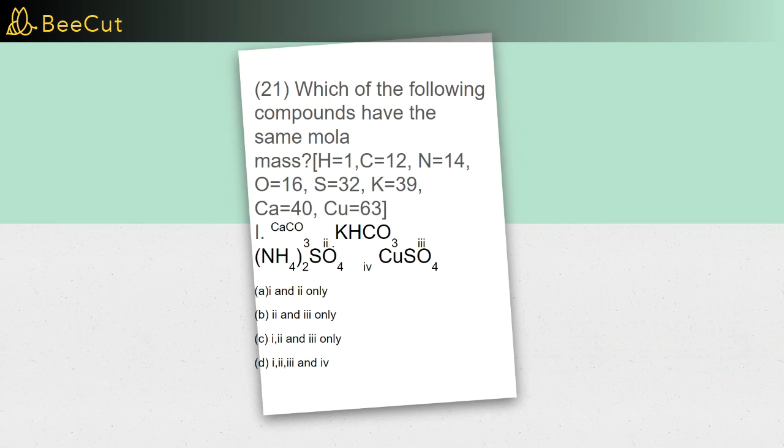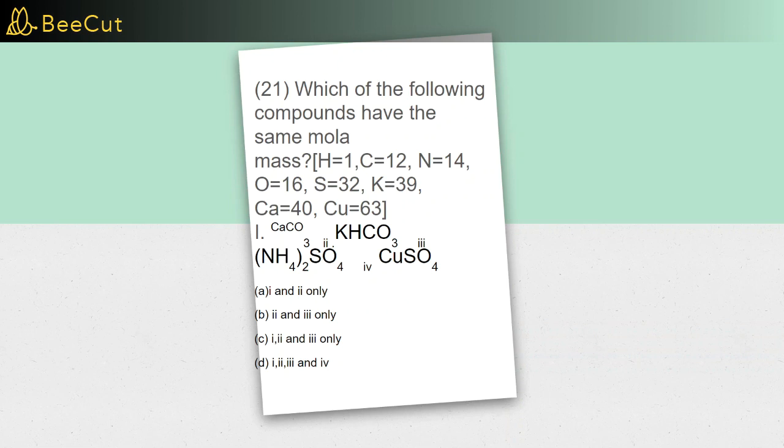Which of the following compounds have the same molar mass? We have CaCO3. To calculate this molar mass, it will be calcium 40 plus carbon, which is 12, plus O3, oxygen, which is 16 multiplied by 3. The total will be 40 plus 12 plus 48, which is 100.